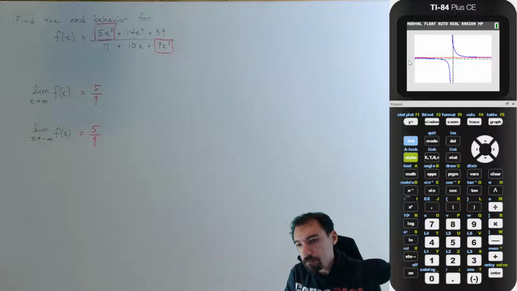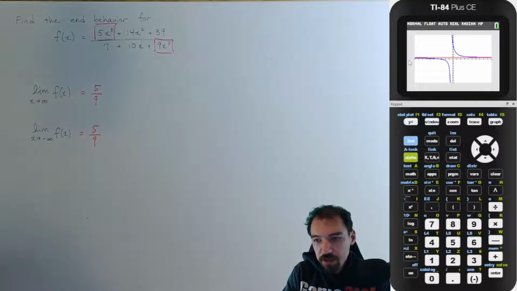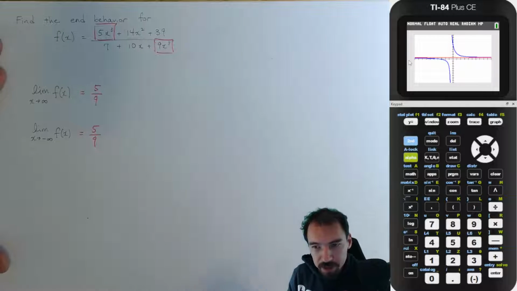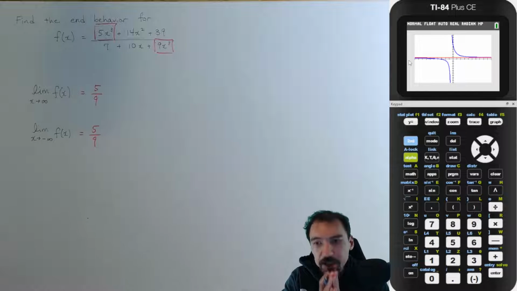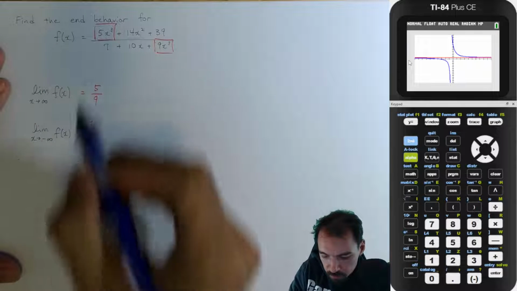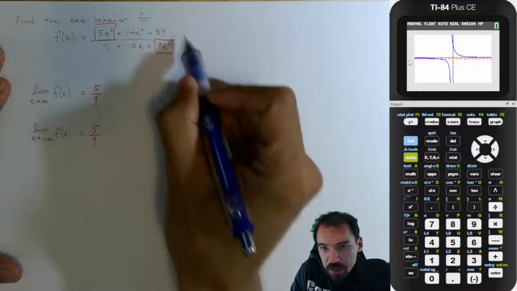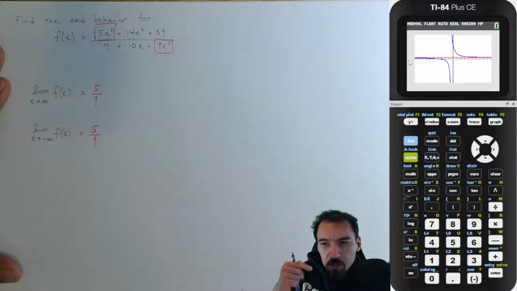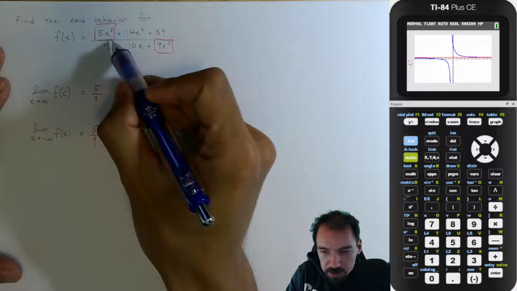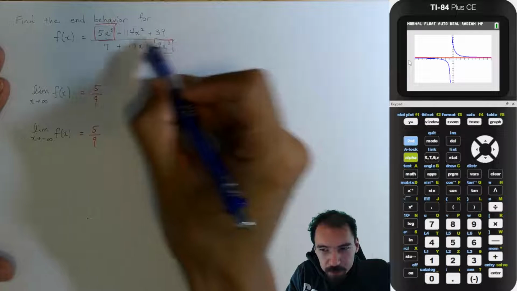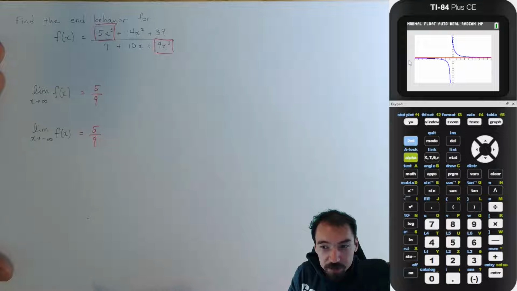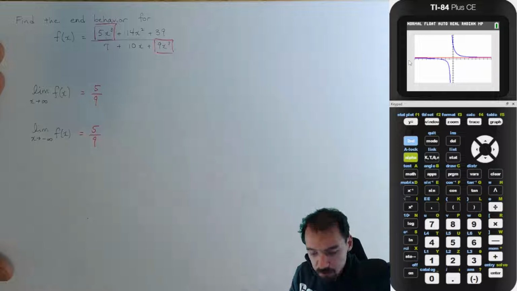Okay. So the next step up in formalizing this is to say, how am I writing that the smaller powers of x are insignificant compared to the largest power of x? So this is what I'm going to do.